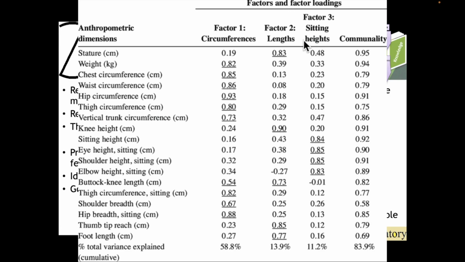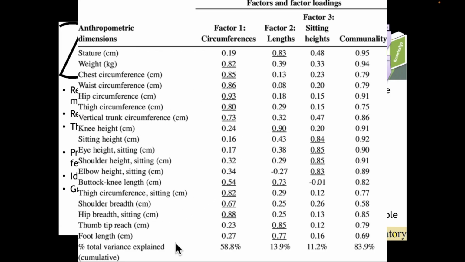But how many you can generate involves some mathematical formulas and tasks, and factor analysis actually aims to do this. So what has actually been done here is that 18 attributes are grouped into three different factors. Factor 1 groups weight, chest circumference, waist circumference, hip circumference, thigh circumference, and vertical trunk circumference.